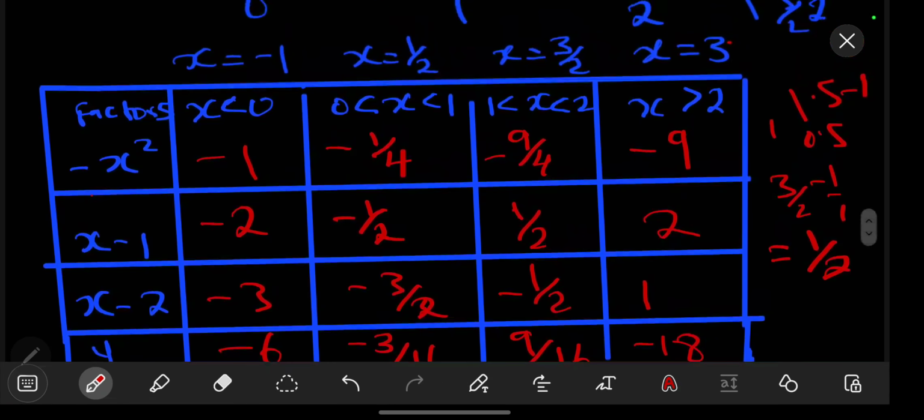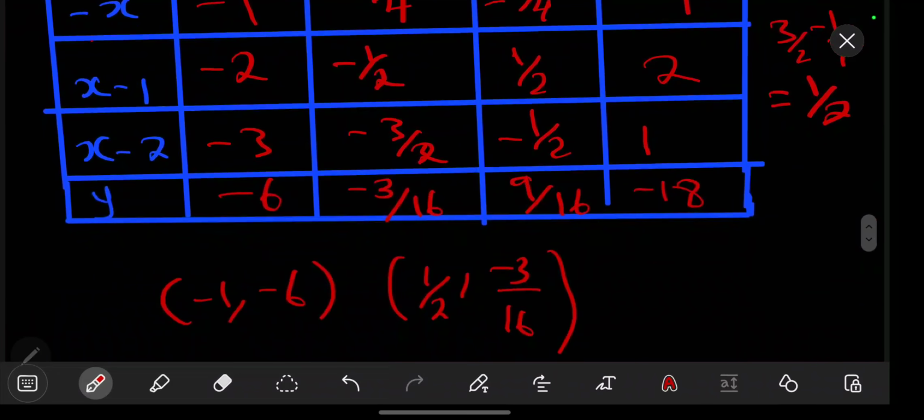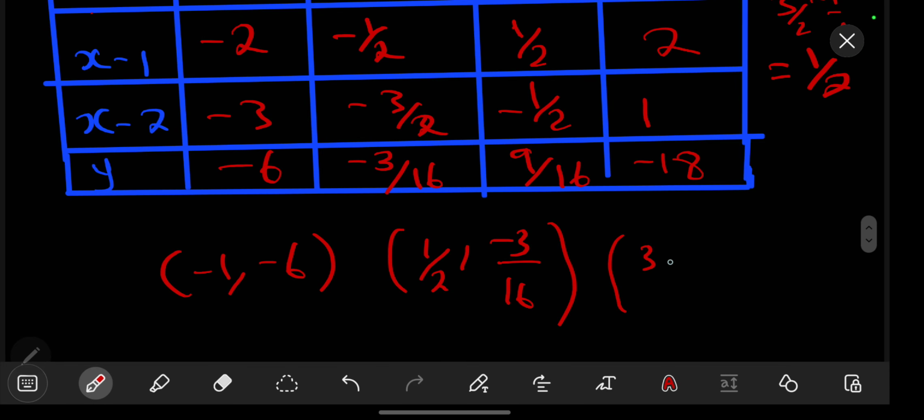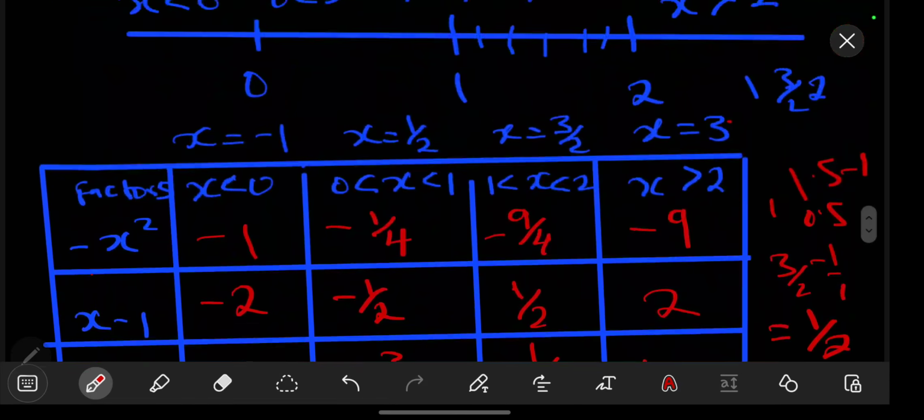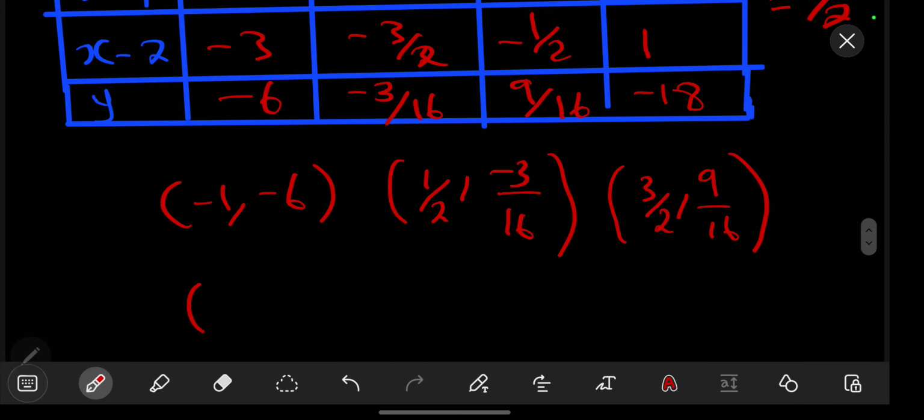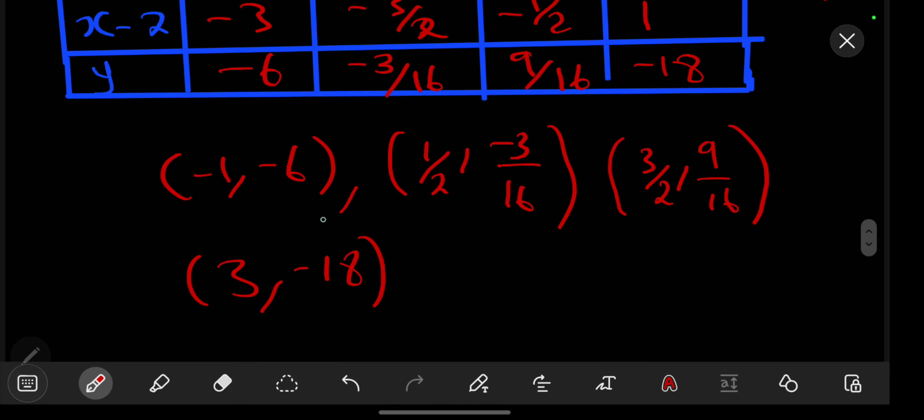Then this other one, for our 3/2, the outcome is 9/16. Then last but not the least, when we use our 3, we are getting (3, -18), like that. So this is how we have found those values.